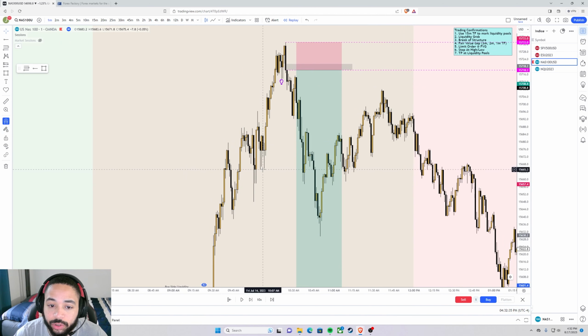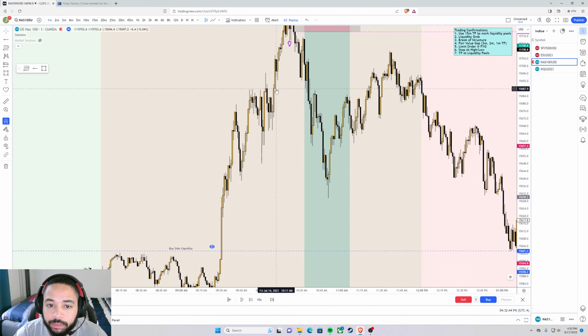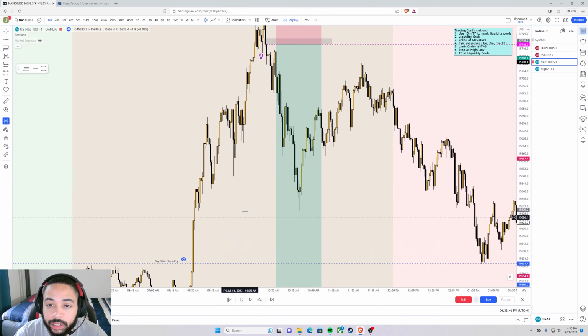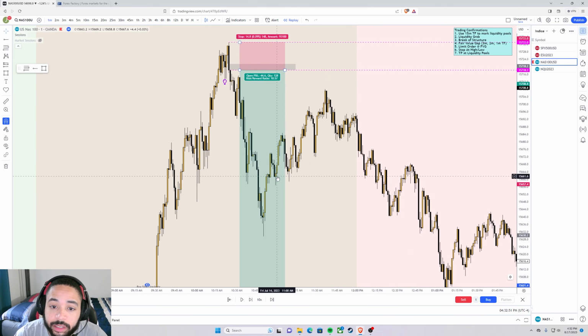You want to take partials at liquidity points, like these lows. All liquidity. Any fair value gaps you see, like a gap right here, that's a target. The gap here, that's a target. So there's ways you could have taken partials along the way. If price came up and reversed against you and hit you at break even, you still would have made money because you would have taken these lows.